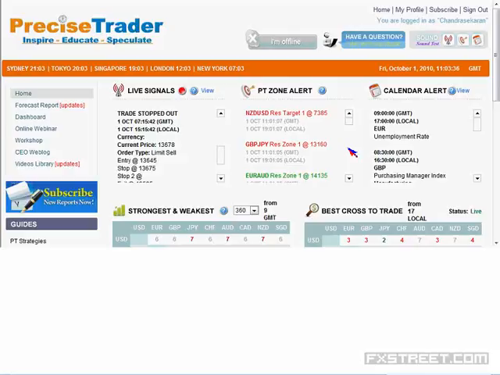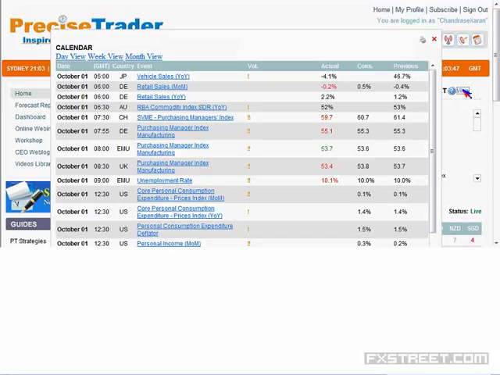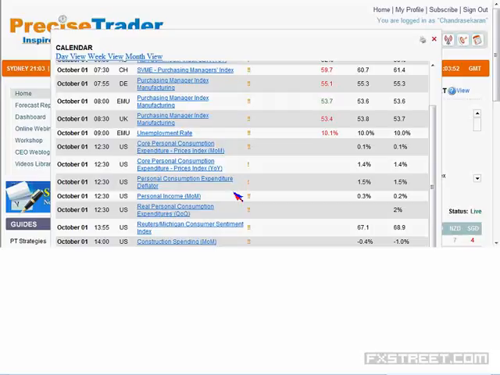Let's see the calendar of events. We have a couple of data releases from the US: core personal consumption expenditure, personal income month on month, and a couple of others.